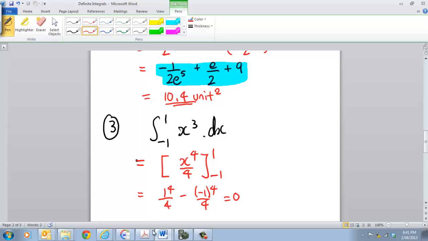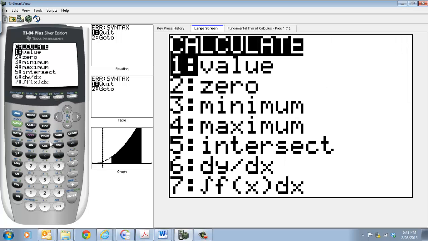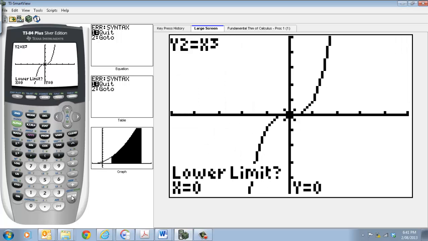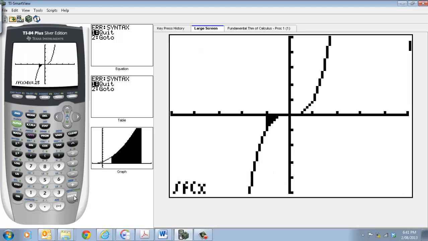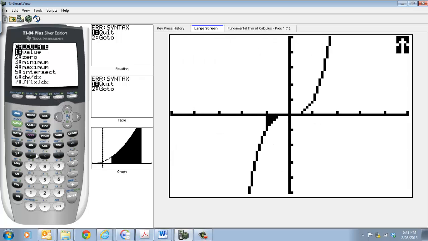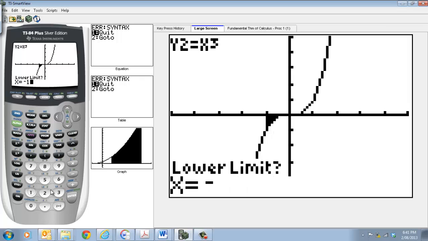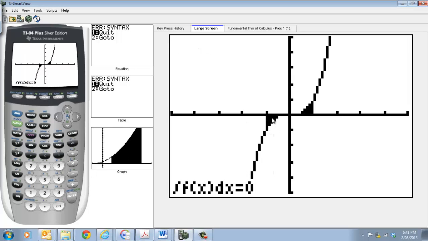If we're going from -1 to 1, then what you will see when we're doing our graph over here, it's number 7. Right? So if we're going from -1 and then going to 1, I've stuffed it up, sorry. Let's graph it again. We'll do number 7. We're going -1 and then we're going to 1. Right, so they're below the axis and then we've got above the axis here. So those two areas are exactly the same, so therefore we're looking at getting an answer of 0.